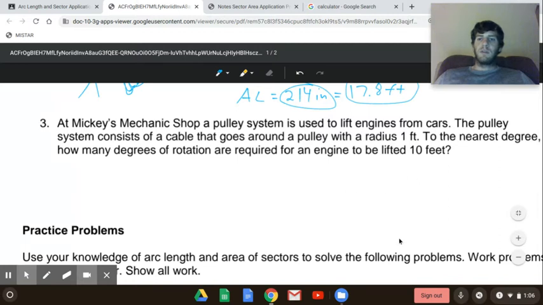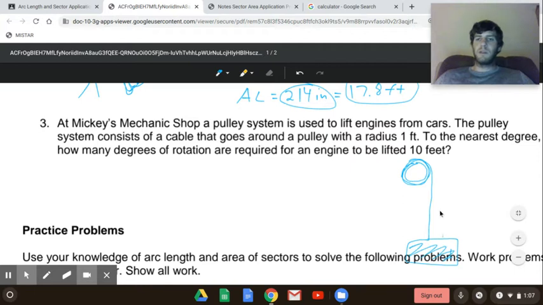So we have a pulley system. So here's the pulley. Okay, and the cord is wrapped around it, right? And then it comes down to an engine, right? So here's an engine down here.